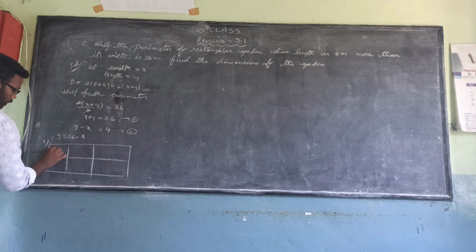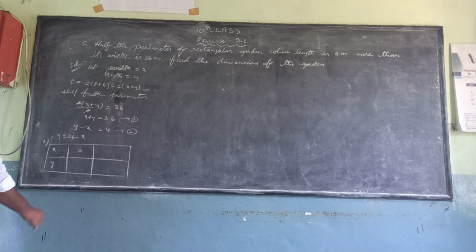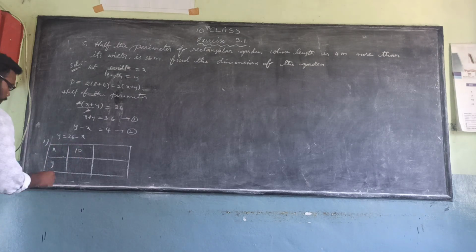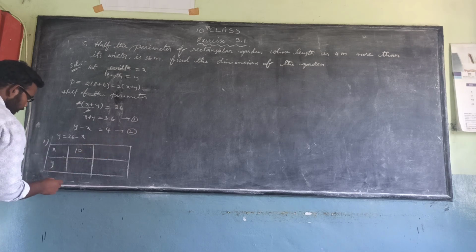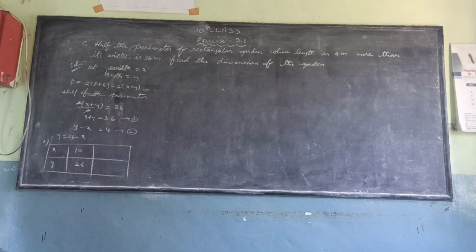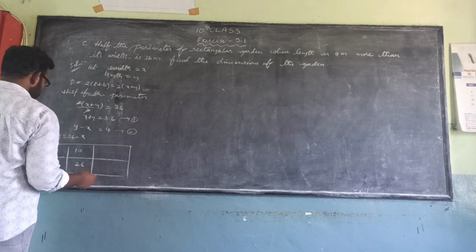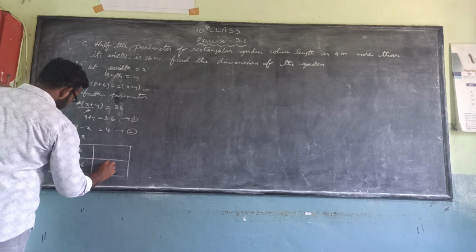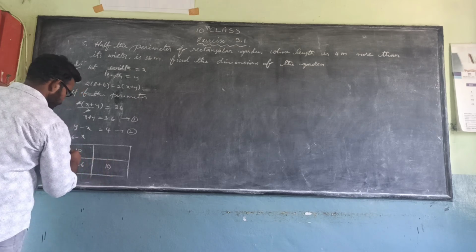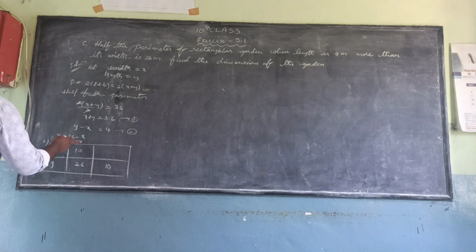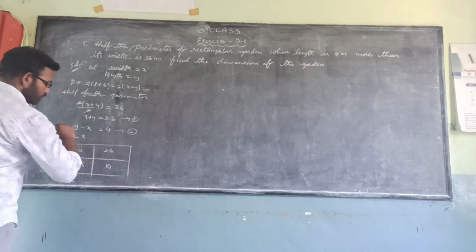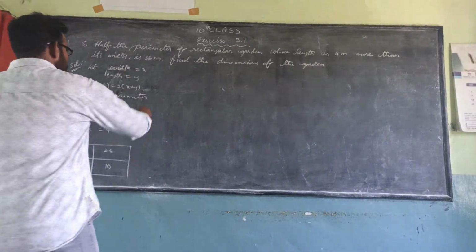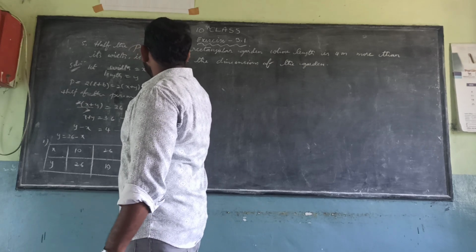Now if x is equal to 0, or 10, I am taking x is equal to 10, y is equal to 26. Now if y is equal to 10, x is equal to 26. That's it.